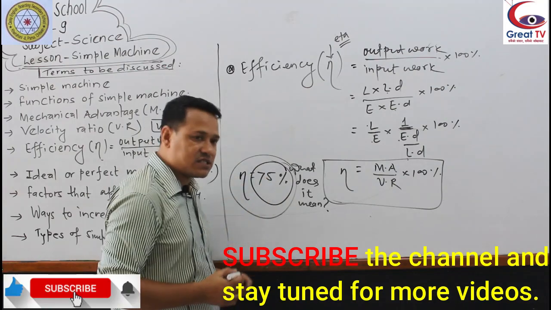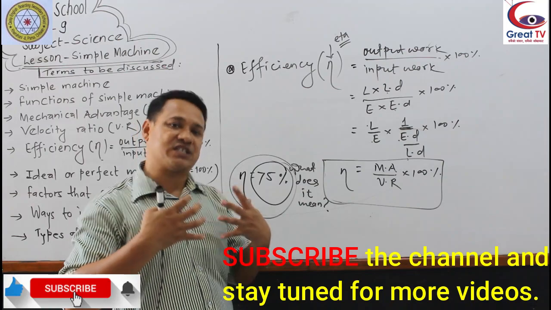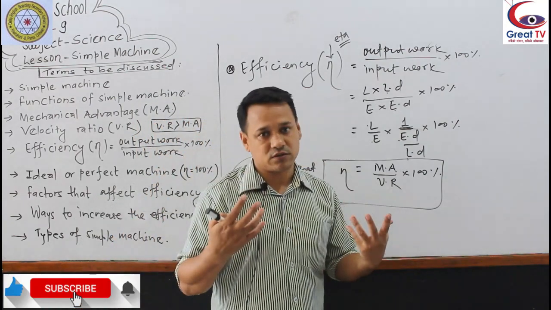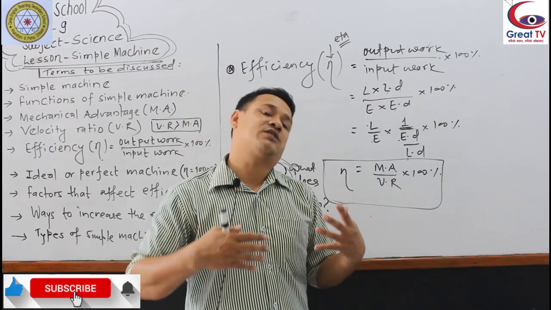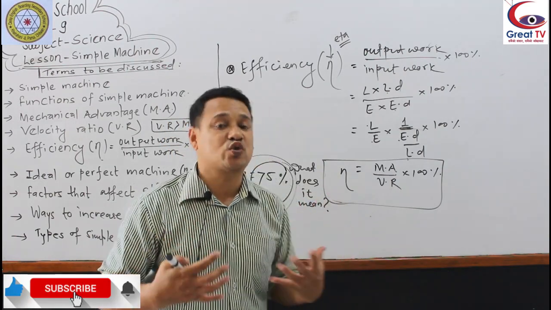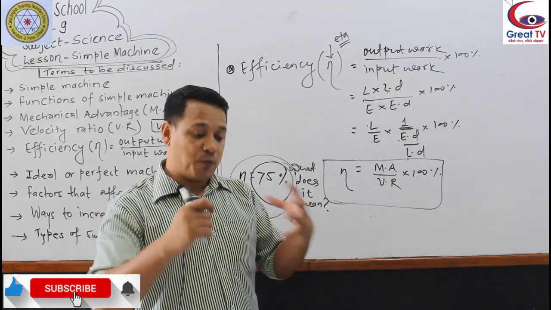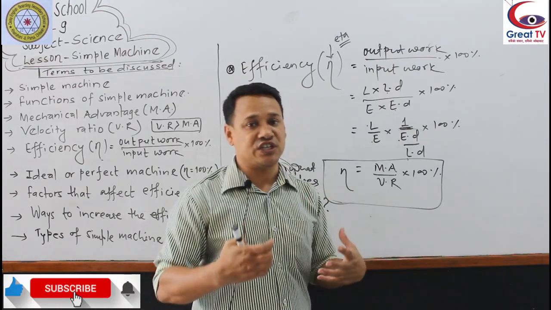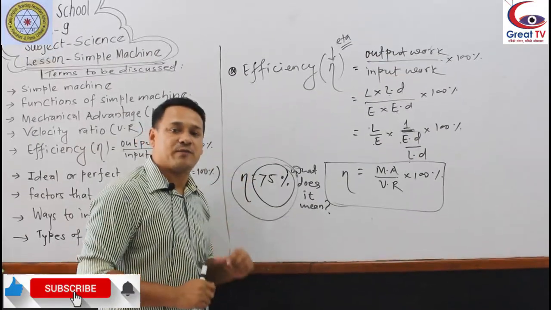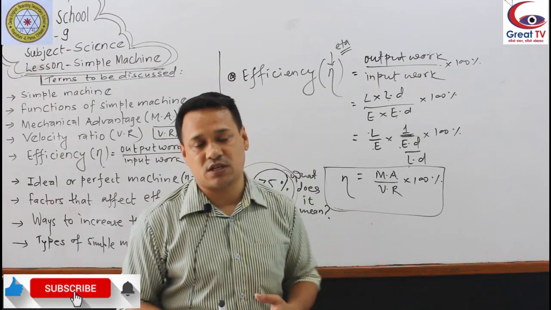75% efficiency means out of 100%, 75% of input work, or 75% of effort, is used to do useful work. The effort that we use in the machine, out of this, 75% is used to do useful work. The remaining 25% is lost due to friction, or to overcome the friction.